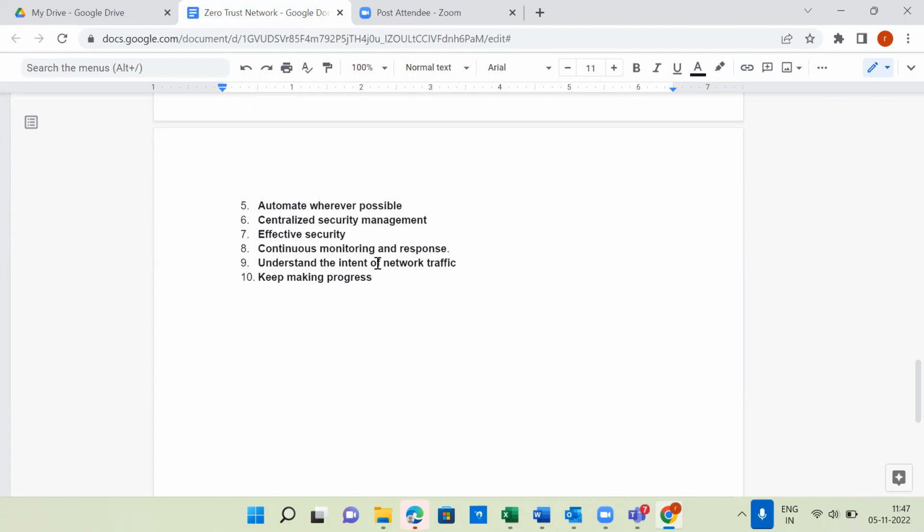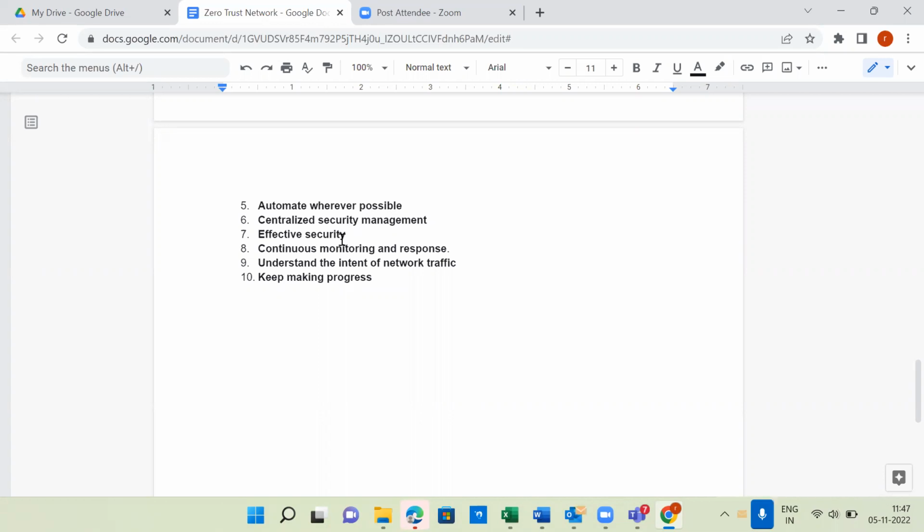If we are making a single user interface or single user control, from a single console we can monitor everything. That is centralized security management. So all these configurations as well as investigation, monitoring, and alerting can be done using a single console. We can monitor and take the appropriate actions as well, like incident response.